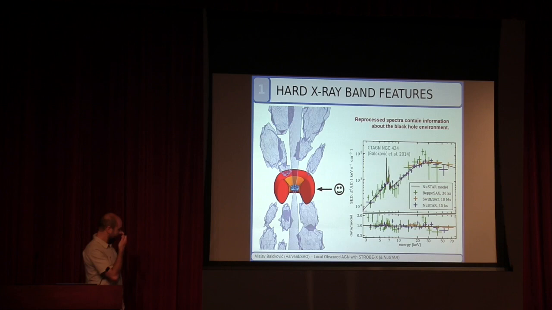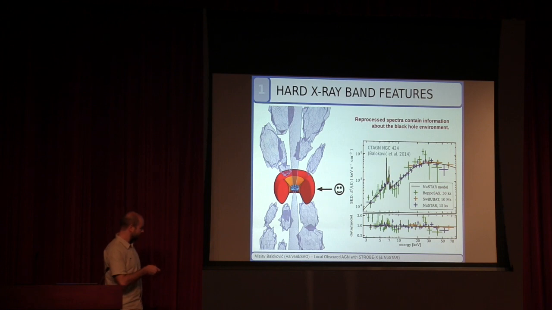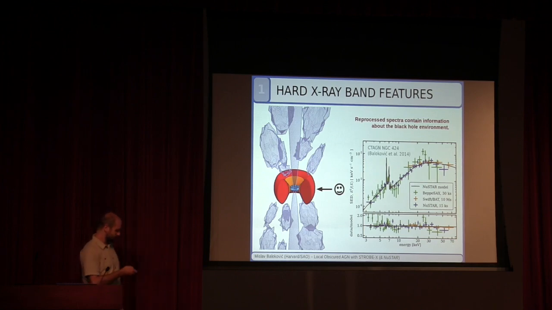And here I'm comparing NuSTAR, XMM-Newton and Swift-BAT, all of which cover this Compton hump here. STROBE-X will as well. For my simulations, it looks like if you take these NuSTAR points over here and just scale the exposure back to a few kiloseconds, you would get roughly the same quality of spectra.